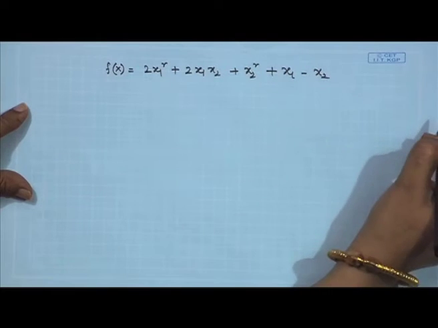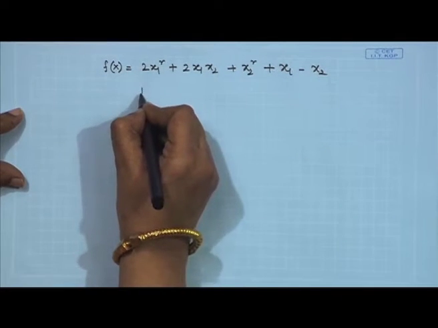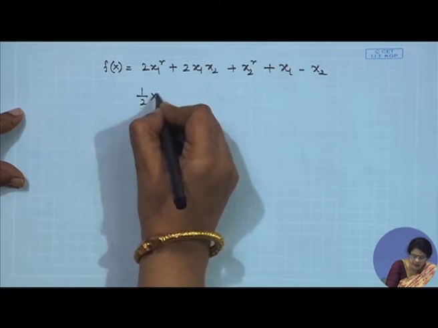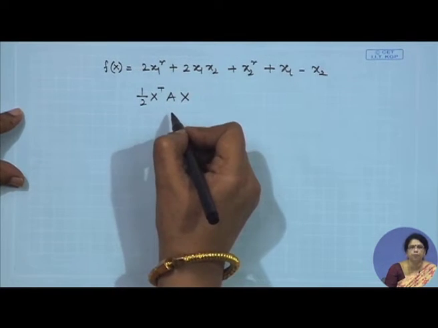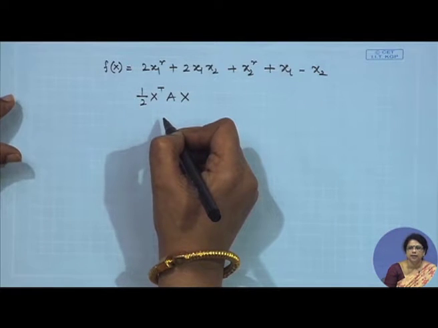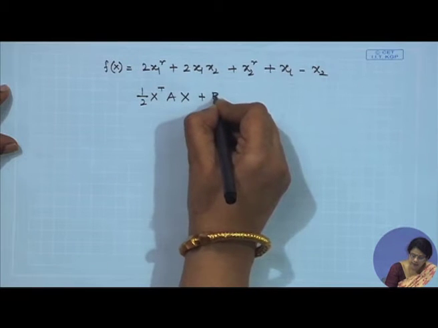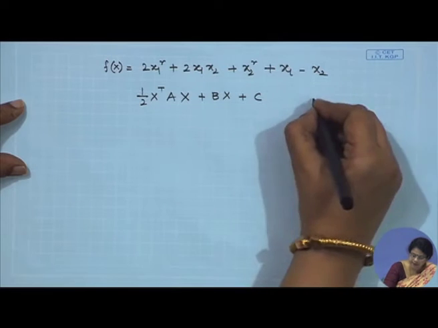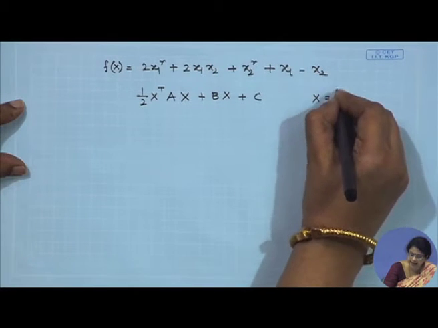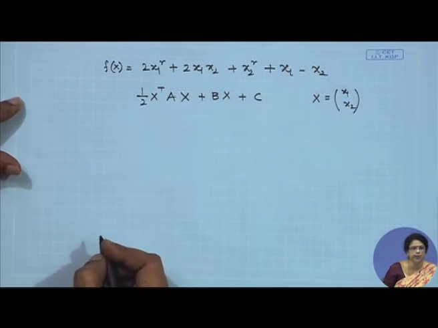This is a quadratic function of 2 variables and of degree 2, and in general any quadratic function can be written in this fashion, where A is a positive symmetric matrix, plus Bx plus C.